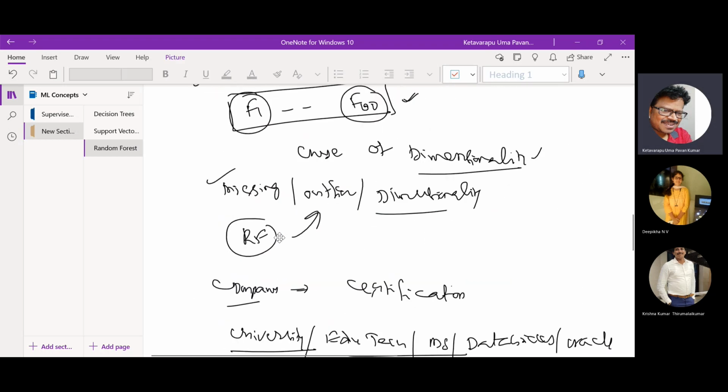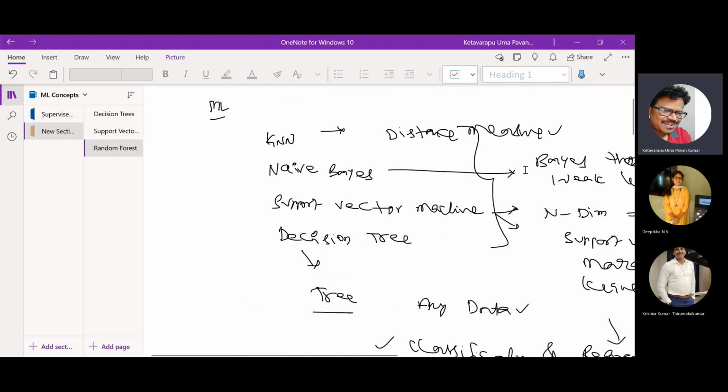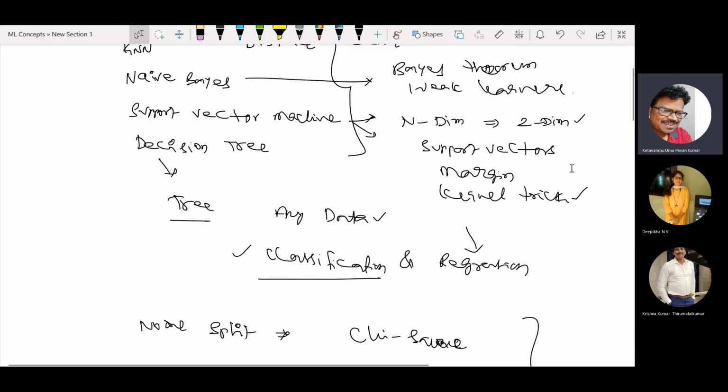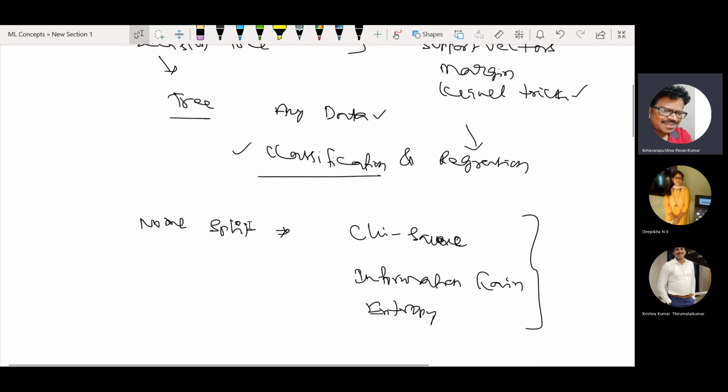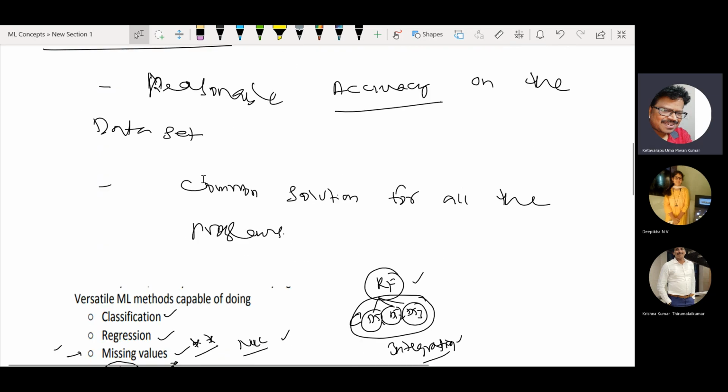As I said earlier, KNN is a distance measure, Naive Bayes is a weak learner, and support vector machine is based on dimensions, margins and kernel space. The tree algorithms have chi-square, information gain and entropy. Whereas for random forest, up to now we have not seen any specific criteria.